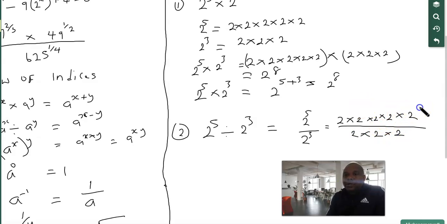We can cancel out: these two cancel these two, this one cancels this one, and so on. Therefore we have 2 raised to 2.